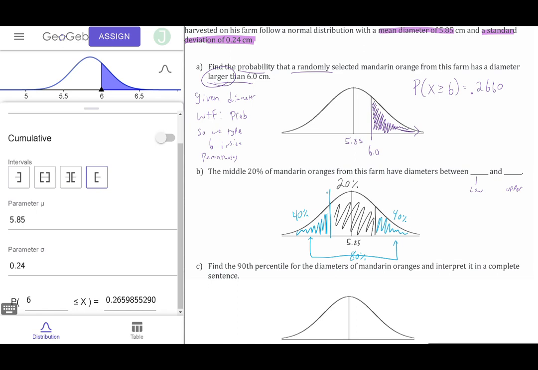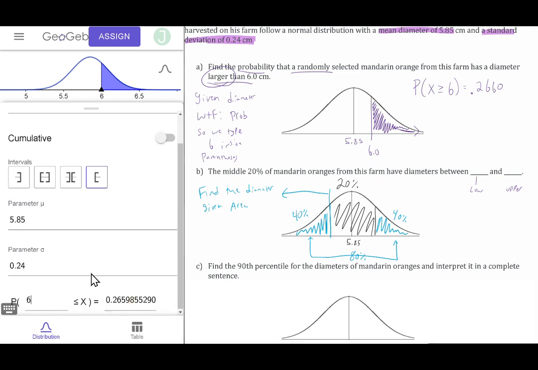So again, we can just find the diameter given the area. So we're going to type the area into the equals side of the GeoGebra, and our answer will come from inside the parentheses.